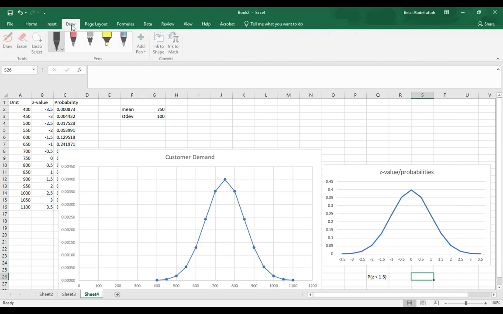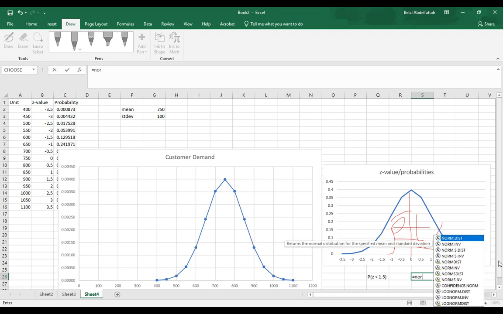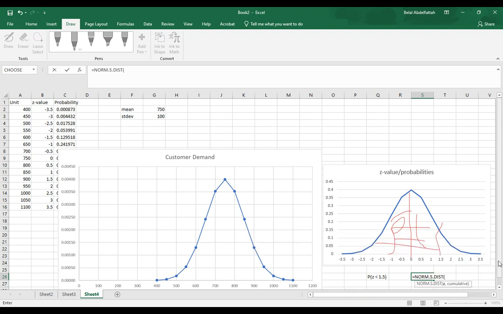Let me get the drawing feature out. Here's 1.5. Imagine this is a straight line, anything to the left of it. So we know that our answer is going to be more than 50%, again, because this is symmetrical. If I draw a line right down in the middle, I know this is 50% and this is 50%. So I could say NORM.S.DIST, the z-score output 1.5, hit true, and this would be my probability.